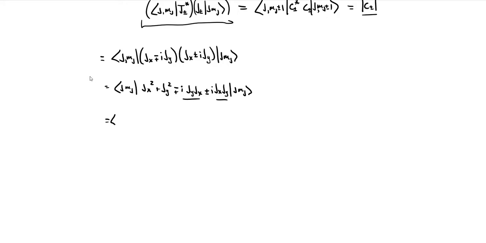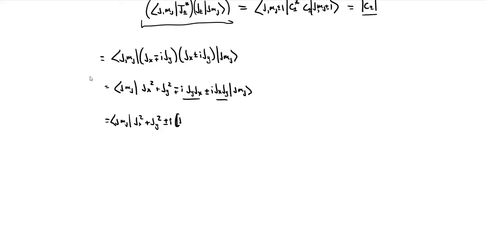So this is equal to JX squared plus JY squared, minus plus the commutation, or plus minus the commutation relationship between, just sloppy here, sorry. This ends up being plus or minus i times the commutation relationship of JX, JY.